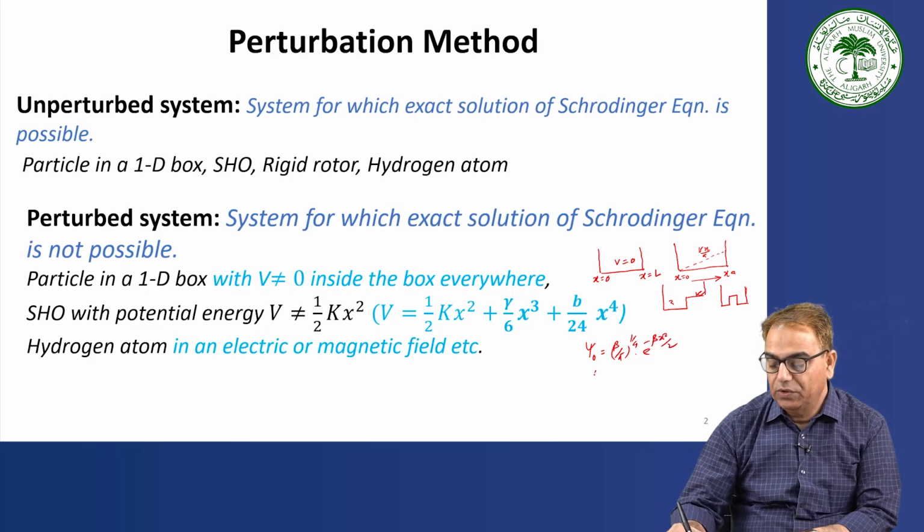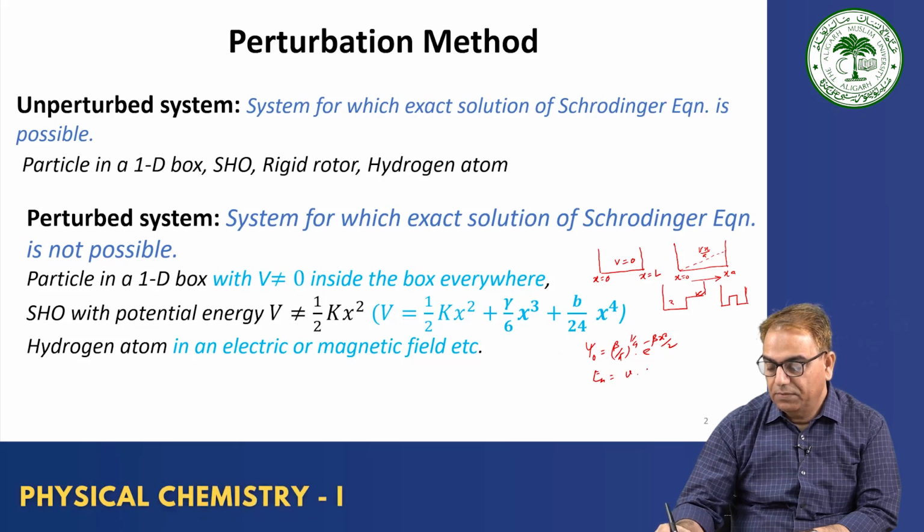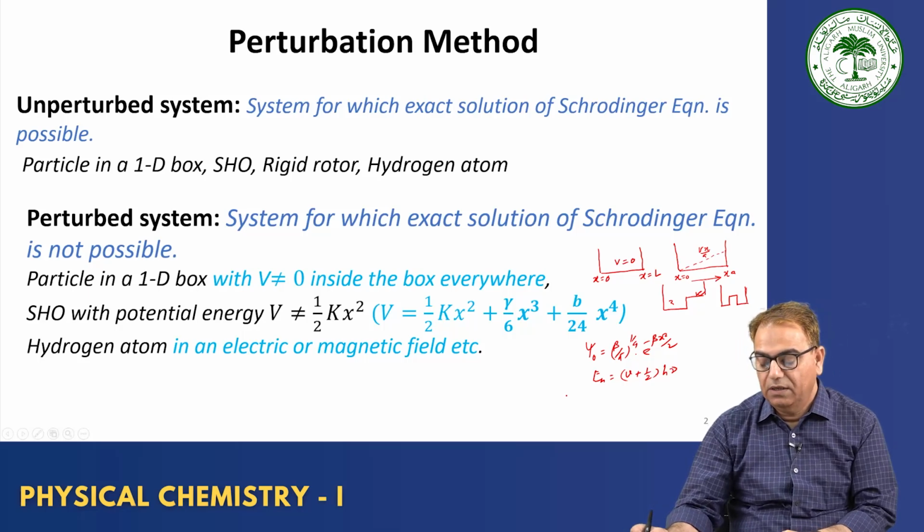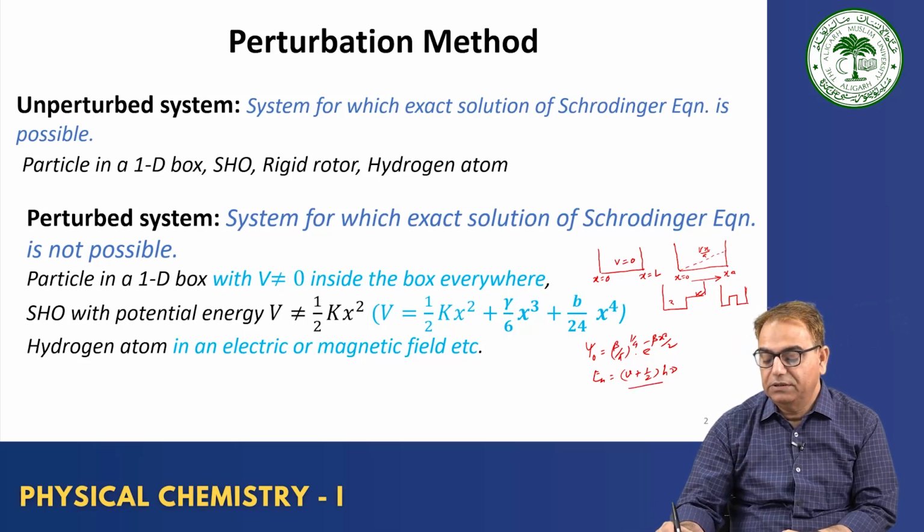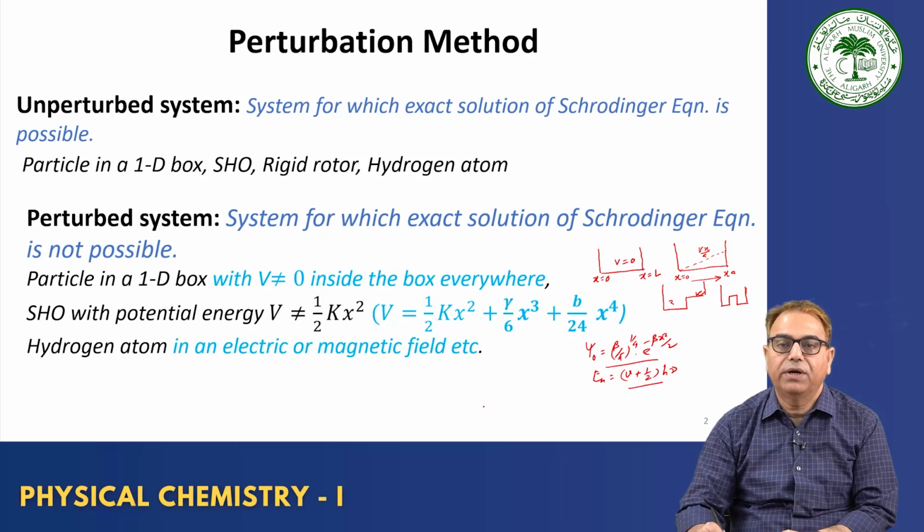So this was known to you, and En we found as (v plus half) h nu, where v is equal to 0, 1, 2, 3. So this is the eigenvalue, this is the eigenfunction for an unperturbed system.